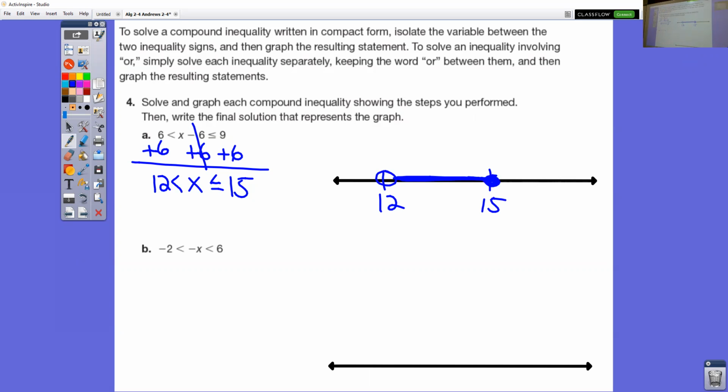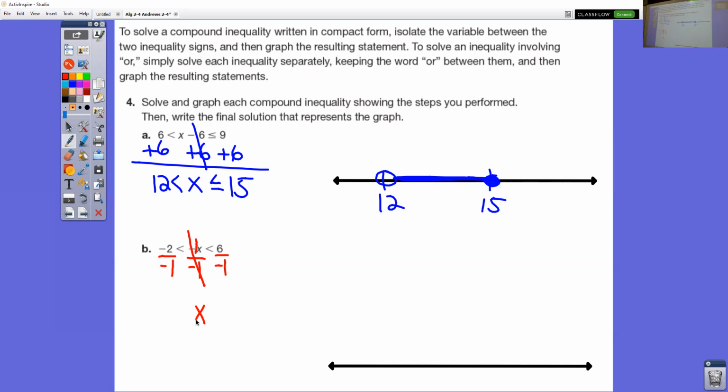Now, this next one gets a little bit more complicated. There's really a 1 in front of this x, so that's really -1 times x. The opposite of times is to divide, so we would divide by -1, divide by -1, divide by -1. Again, whatever you do to one side of the equal sign or inequality sign, you have to do to the other. These cancel out, so we have an x in the middle.